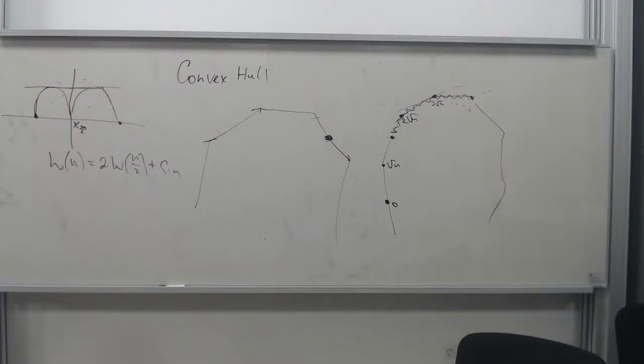So we take the right convex hull, and we take square root of n nodes, like the 0th, the square root of n, the 2 square root of n node, and so on. Okay?